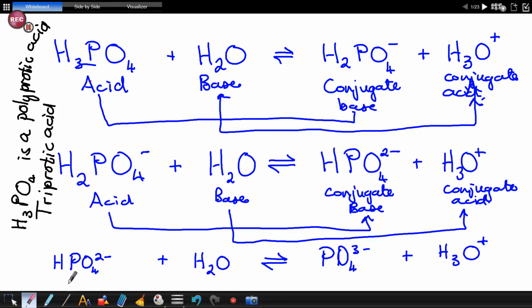In this reaction forward, this is an acid. That is the base, according to Lowry-Bronsted. In the reverse reaction, this is the base. So this is the conjugate base that is formed from this acid, and this is the conjugate acid.